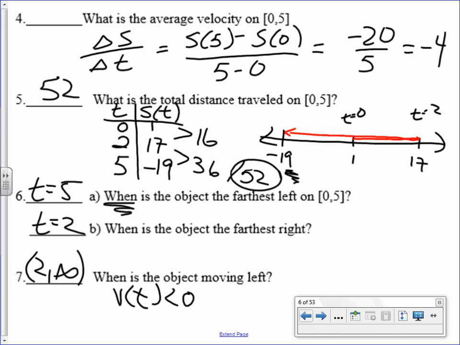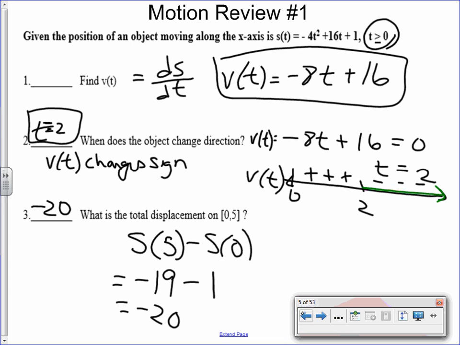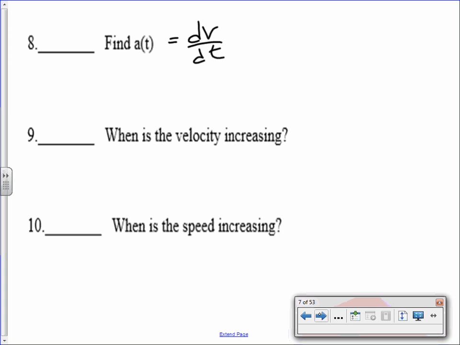Now the velocity was negative 8t plus 16. When you take the derivative of negative 8t plus 16, you just get negative 8. So a of t is just always negative 8. It doesn't change.